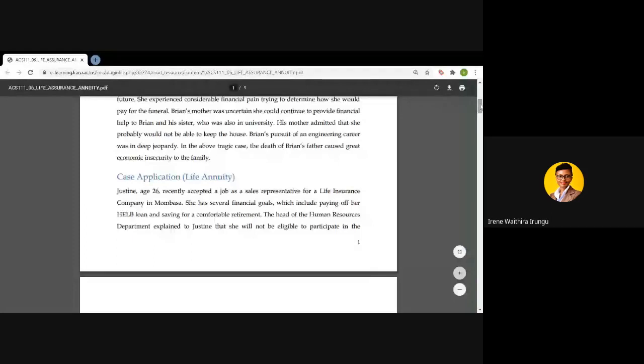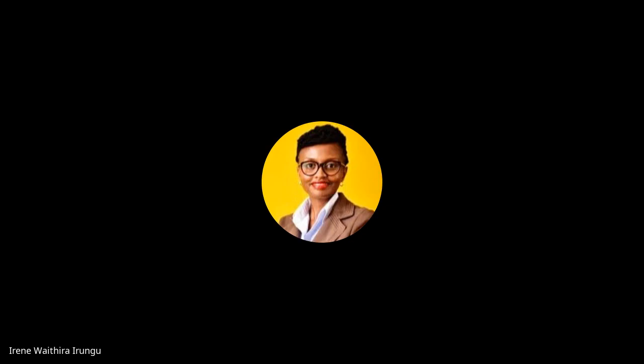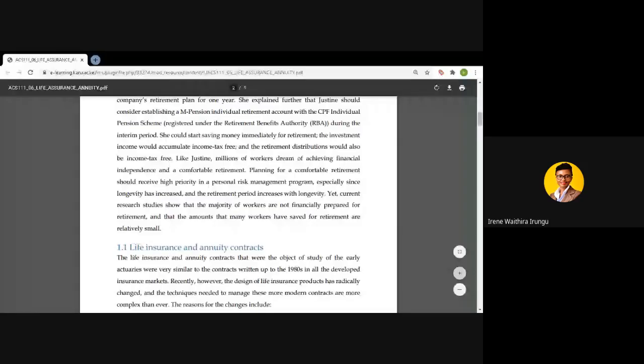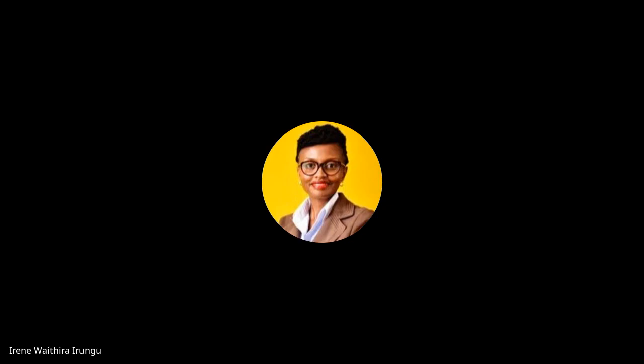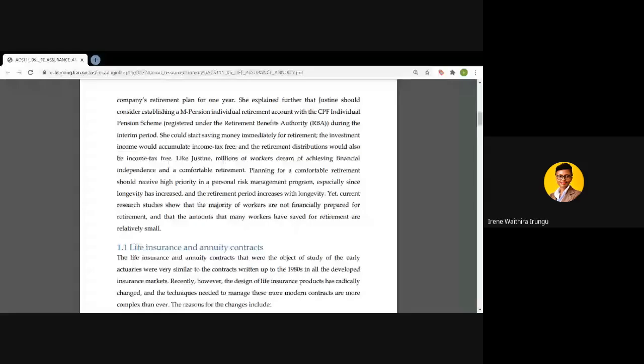They were doing this so that they're able to plan for a comfortable retirement. What happens is that they will continue saving into their pension fund, and once they hit retirement at 60 or 70, whichever the case may be, they will receive a lump sum benefit from their retirement fund or their retirement pension scheme.